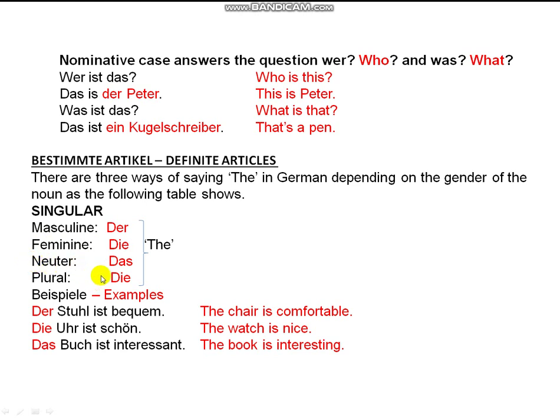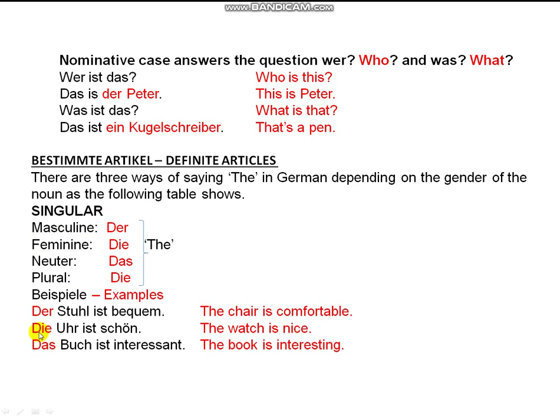For example, zum Beispiel, Beispiele means examples. Der Stuhl ist bequem. The chair is comfortable. So der Stuhl is in nominative case, and it is der because Stuhl in German is masculine.